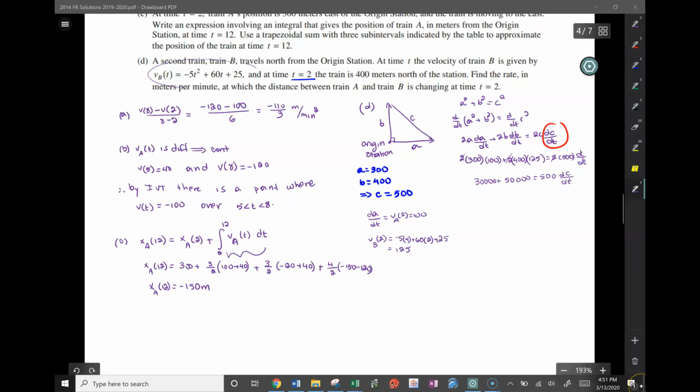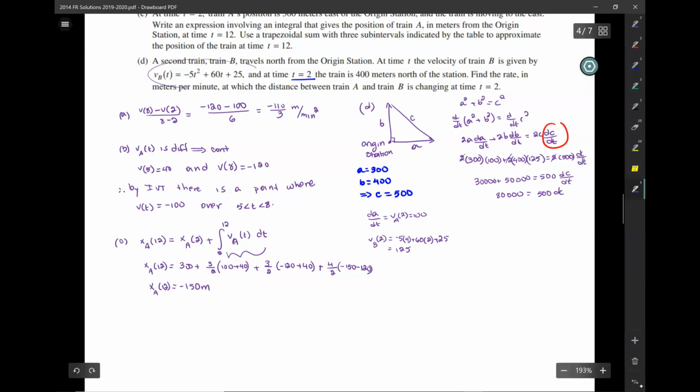And so 80,000 is equal to 500 dC/dt. Then when you divide by 500, dC/dt is equal to 160 meters per minute.